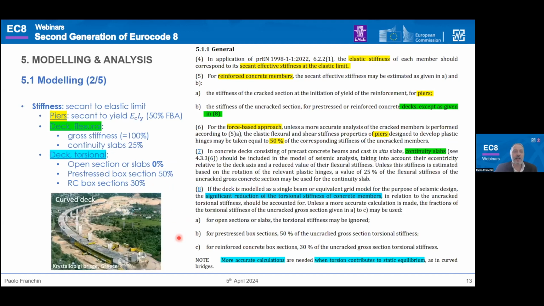These are general prescriptions that need particular care when you are dealing with curved bridges, curved decks, because in that case, torsion contributes to the static equilibrium, so you need a more accurate calculation.